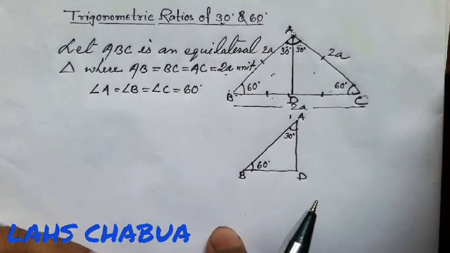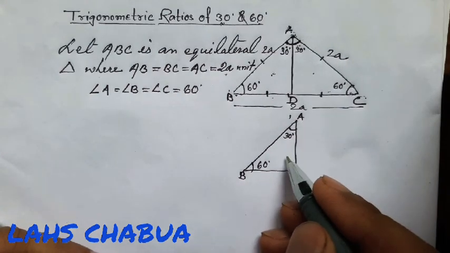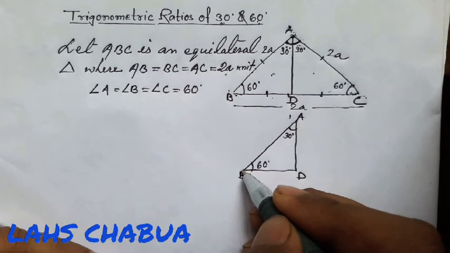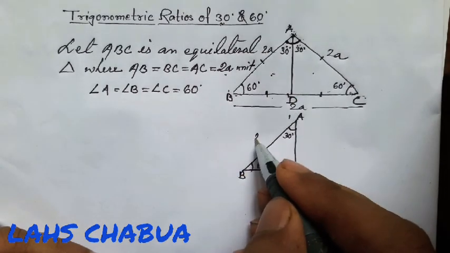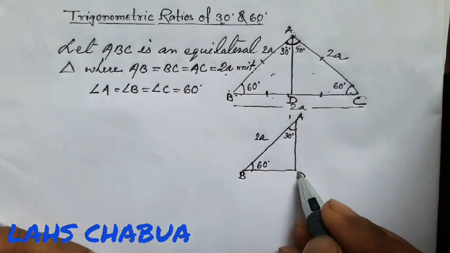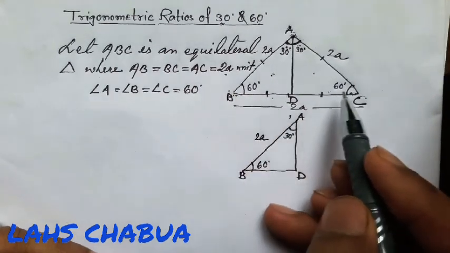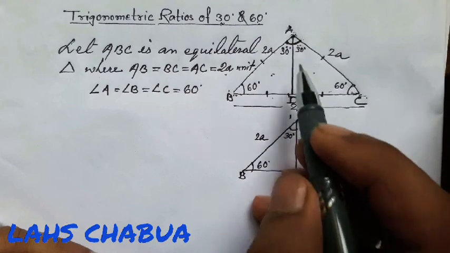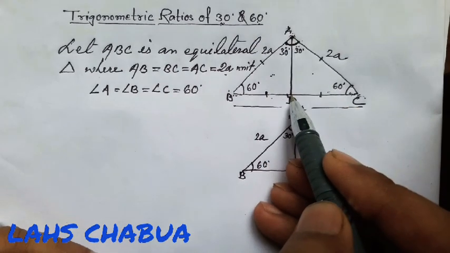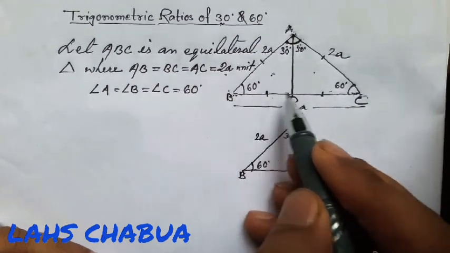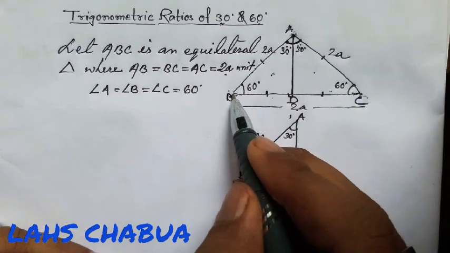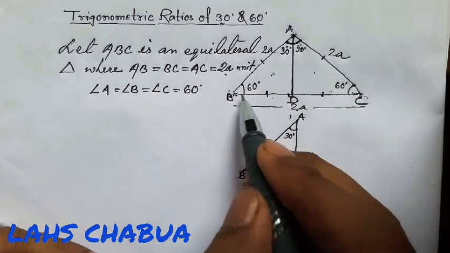Now just by observing this figure we are going to solve. What is the length of AB? See here, 2A unit. The length of BC is 2A, and since AD, this perpendicular, is bisecting the side BC, the whole part will get bisected.